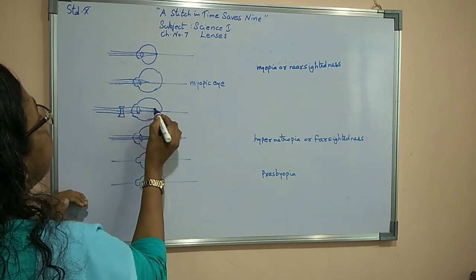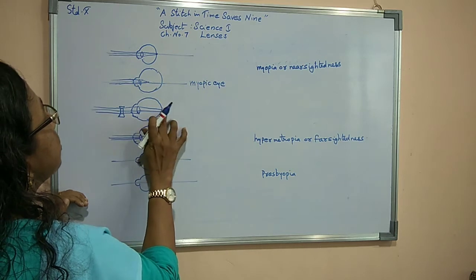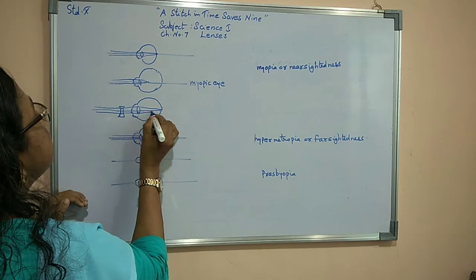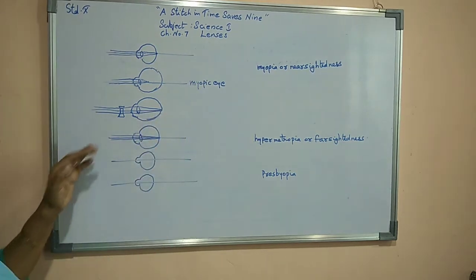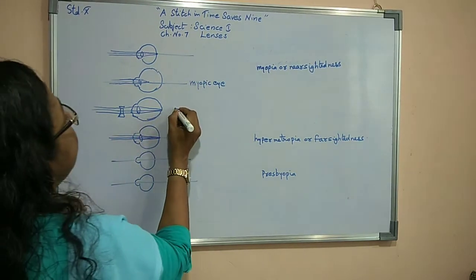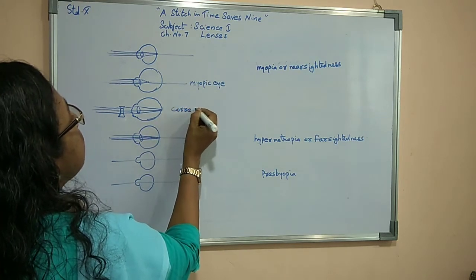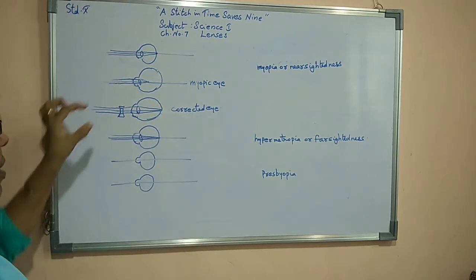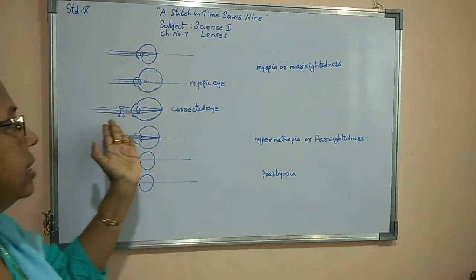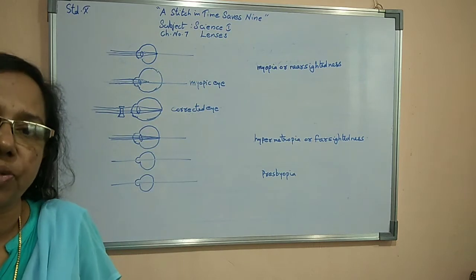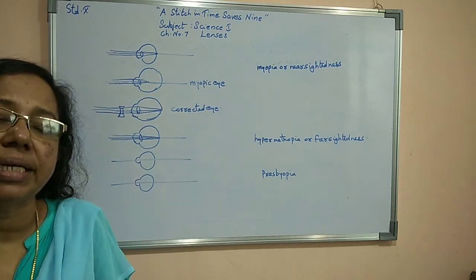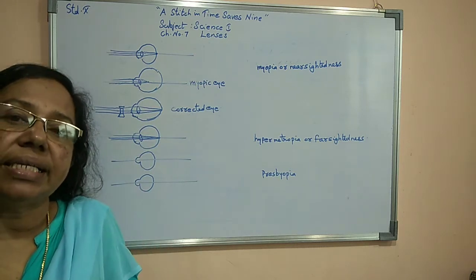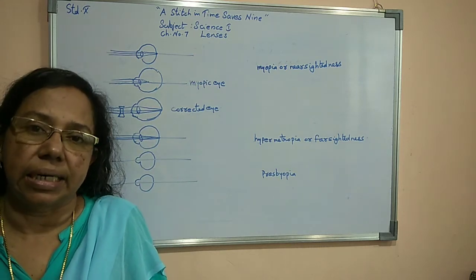After that, it converges on the retina. As a result of it, we can say this is a corrected eye. Cured eye we are not saying, corrected eye. As a result of it, the person is able to see far away objects also. Nearby objects, of course, they are able to see. By using this concave lens in the spectacle, they can see far away objects clearly.